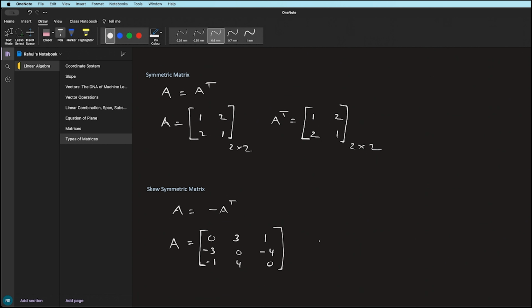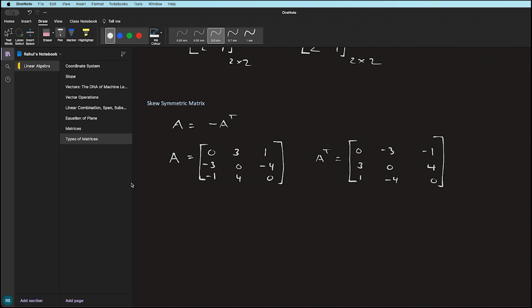When I take the transpose of this, it will be 0 minus 3 minus 1, then 3 0 4, and 1 minus 4 0.